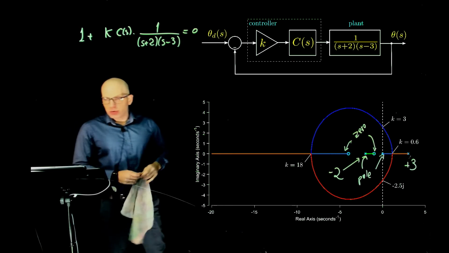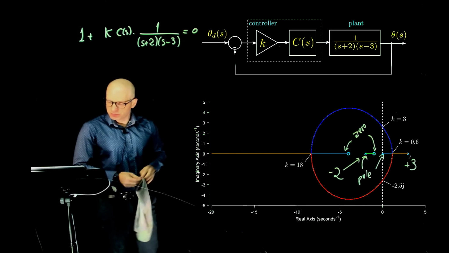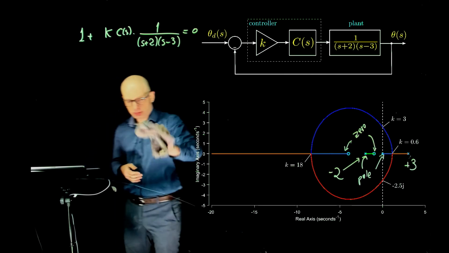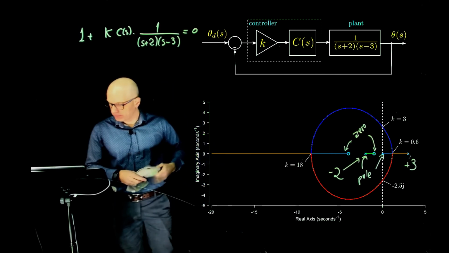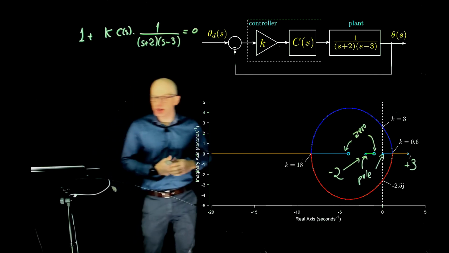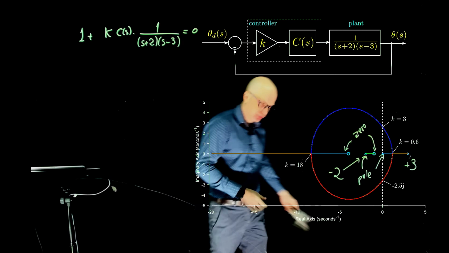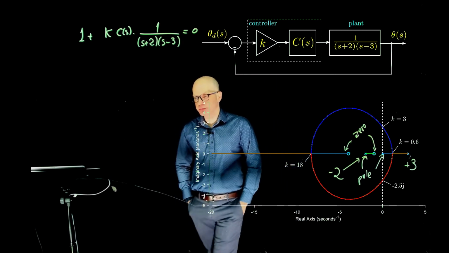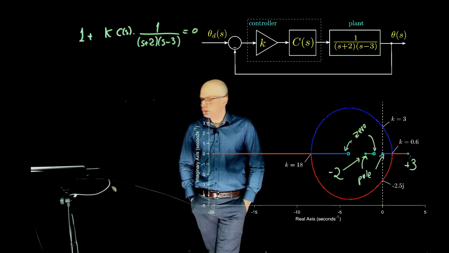For k equals 3, the damping ratio is 0. True or false?